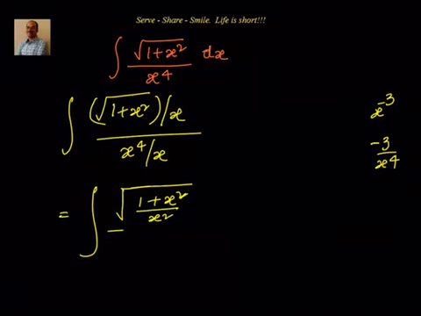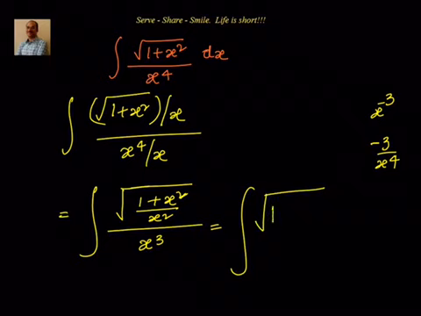Now you will see why I am doing that. Once you see that we are getting negative power there, this is x cube. Now I can write it as square root of 1 plus 1 by x square divided by x cube. Now this 1 by x square when I differentiate will give me x cube, which can be cancelled out, and the problem becomes pretty simple.